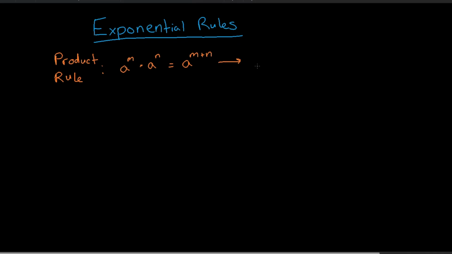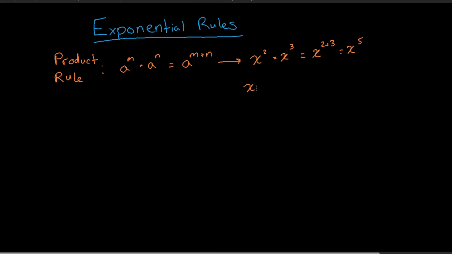If I said I have x squared and I want to multiply this by x to the third power, well, this is just the same thing as x to the 2 plus 3 power, or x to the fifth power. Now you might be saying, well, how is that, David? I mean, can you prove it? Well, yeah, x squared, what is that?